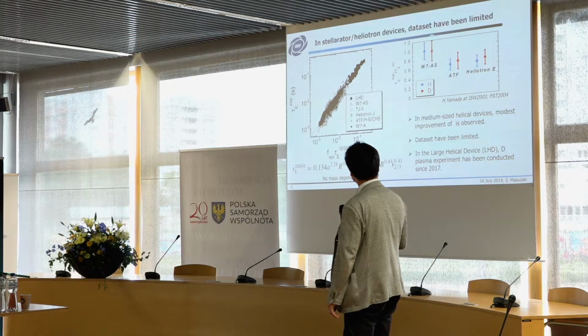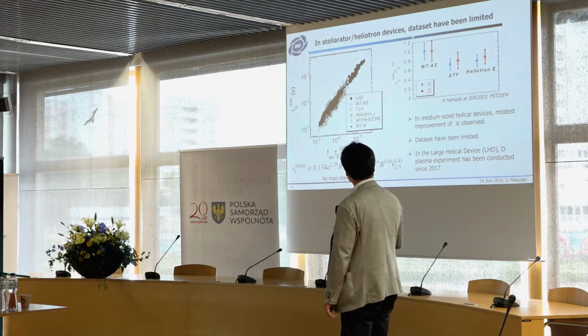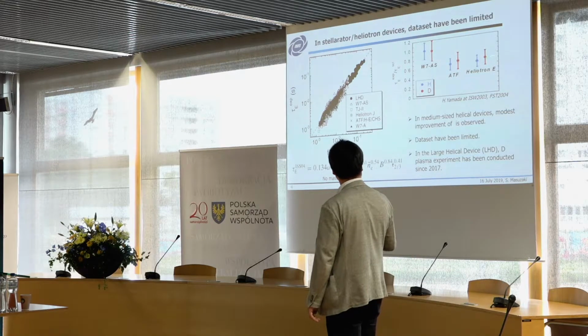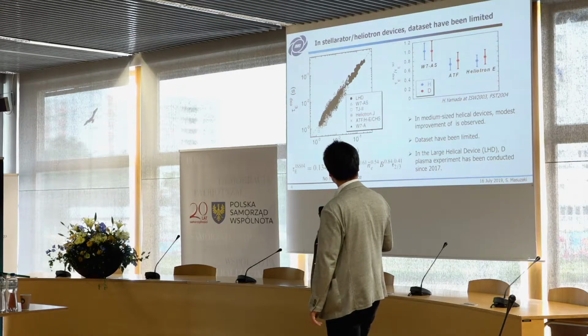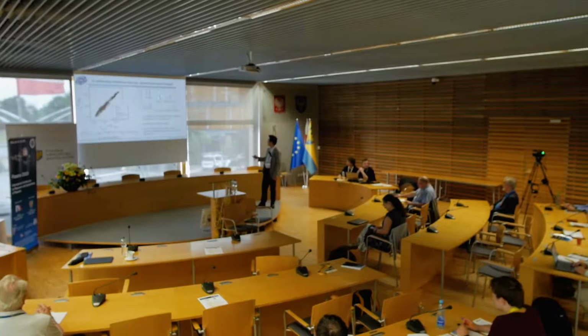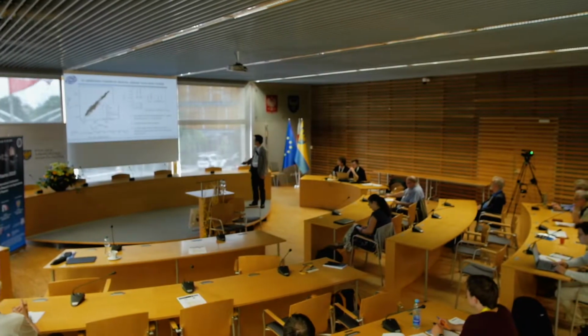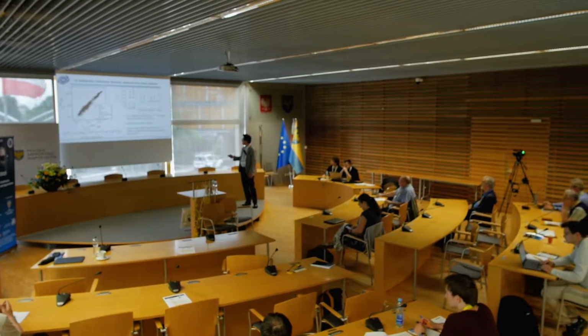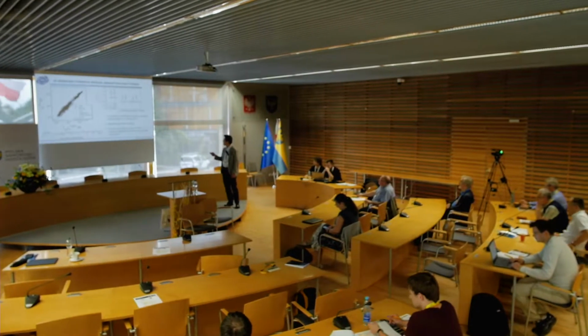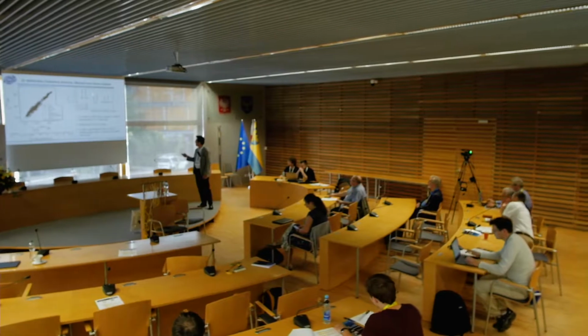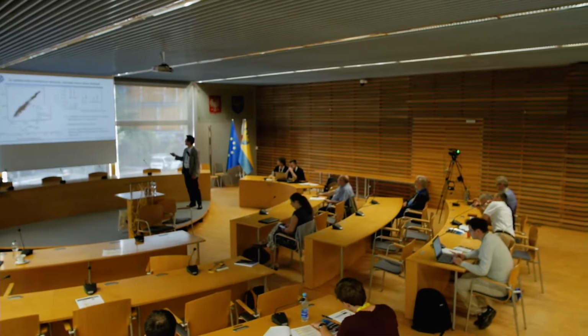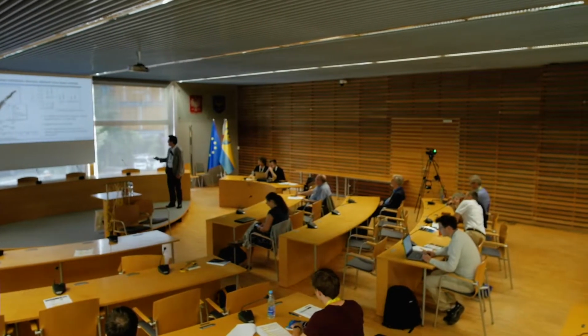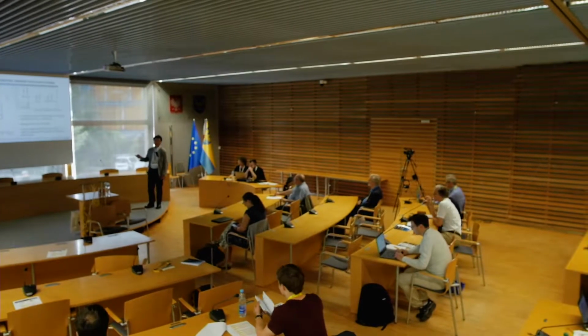In Wendelstein 7-AS, the deuterium case is a little bit worse, but in ATF and Heliotron E, confinement was a little bit higher. So in medium-sized helical devices, a modest improvement of energy confinement time is observed, but the data set has been limited.